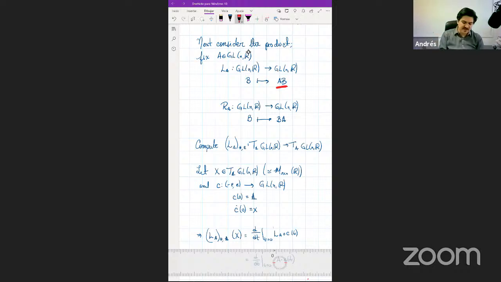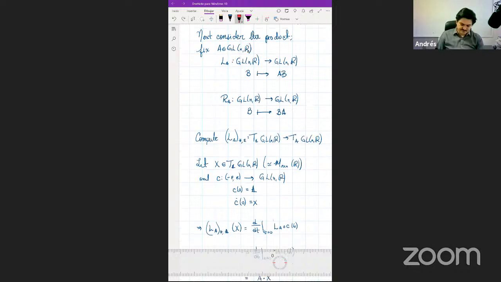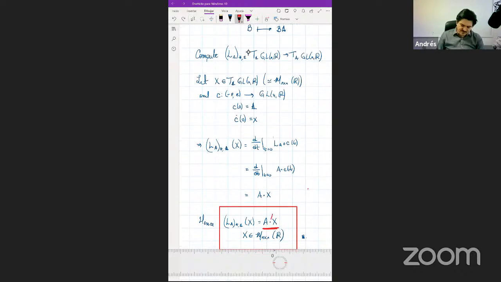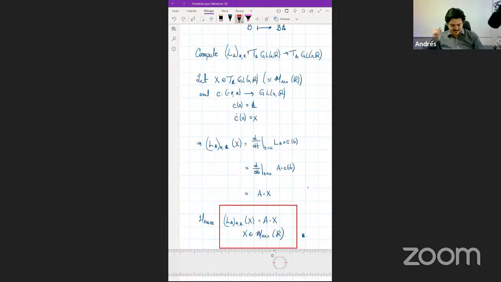A and B are non-singular. And this product here is the product of n by n matrices. X can be singular. For instance, X could be the 0 matrix. And there you have the differential.